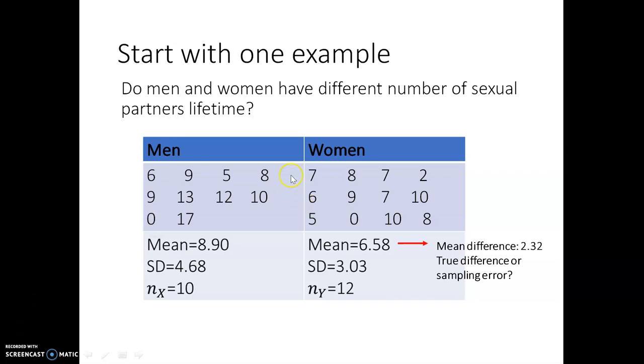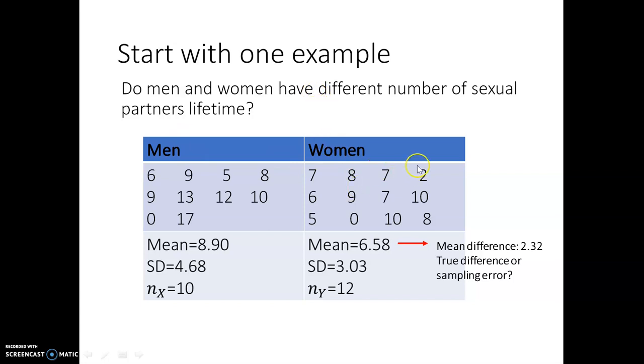So here is what I did. I recruited 10 men and asked for their number of sexual partners lifetime. These 10 values represent these 10 men, how many sexual partners they have in their life.